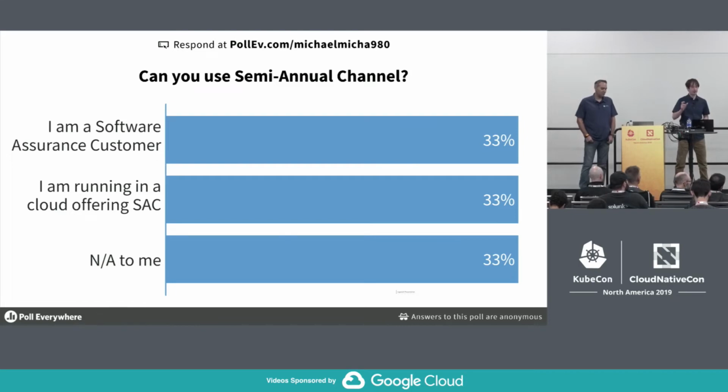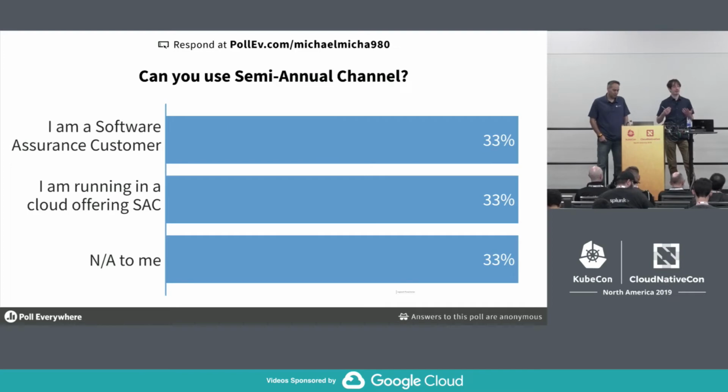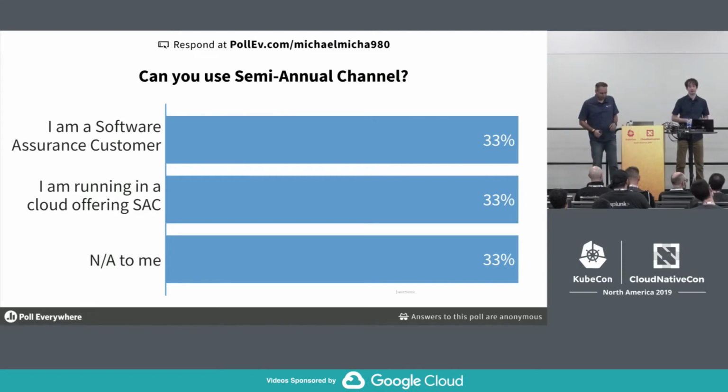But the important thing is that it's not something that's sold in a retail box the same way that the long-term servicing releases are. So that's one of the first questions: are you in a position where you can actually deploy this in your org or consume it from your cloud provider?